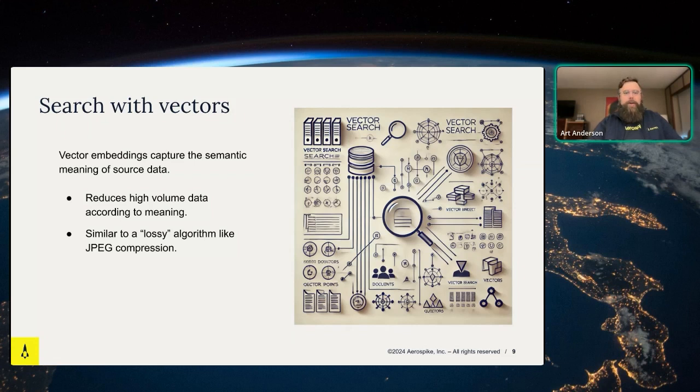It takes this high volume data and reduces it down according to meaning. It's kind of like the lossy algorithm for JPEG compression, right? You're not going to be able to take a vector and get the data back from it, but that vector has captured some meaning from the data that we're embedding.